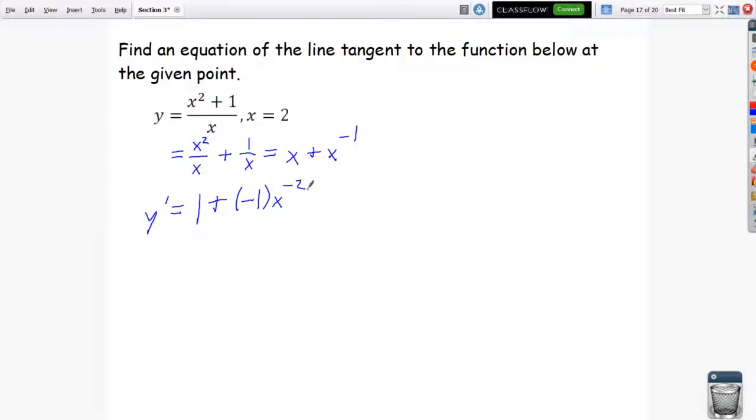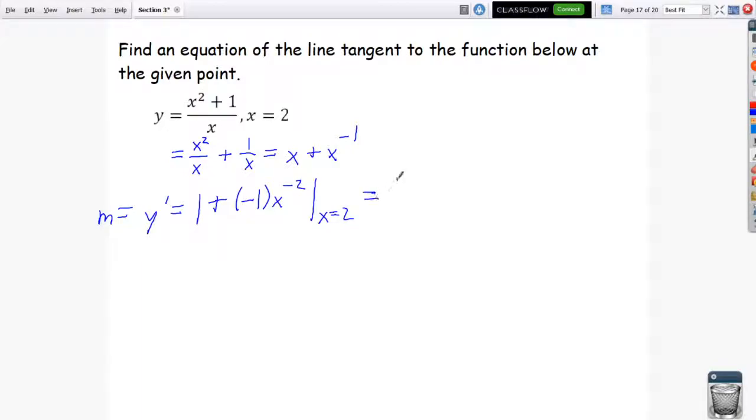To find the slope of the tangent line, now that I know the equation for the derivative, all I have to do is plug in the value that I want to plug in there. So I've got my slope, I guess I should say. Slope is equal to y prime at x equals 2. y prime is equal to 1 plus negative x to the negative second.